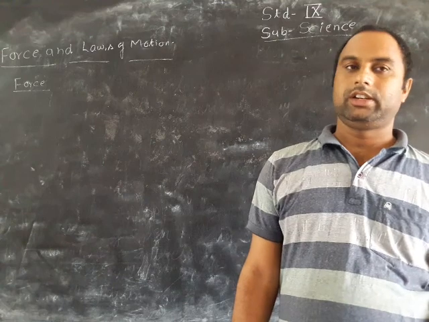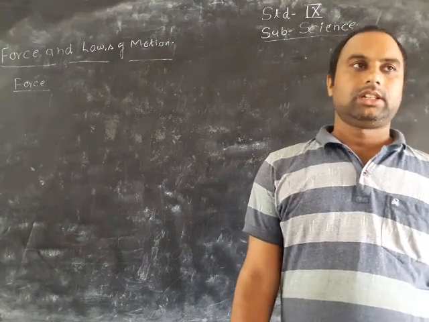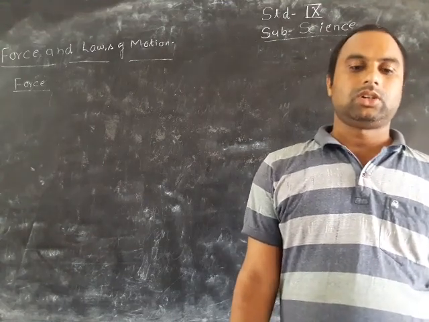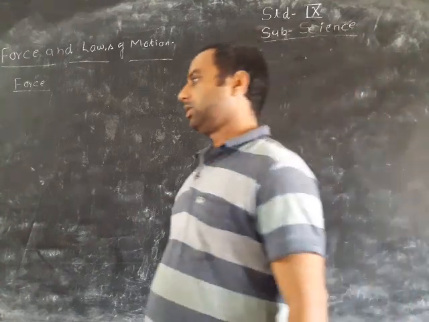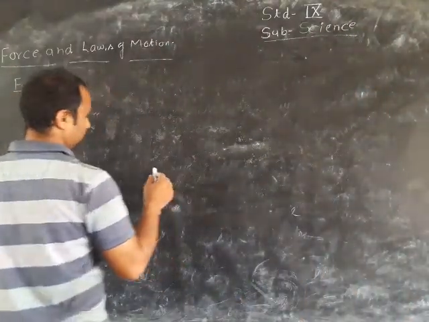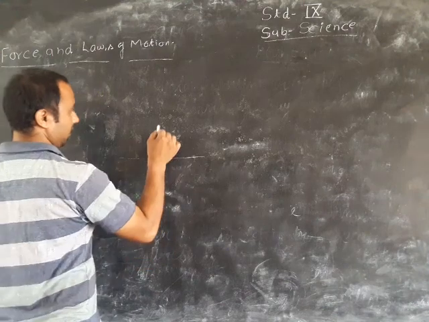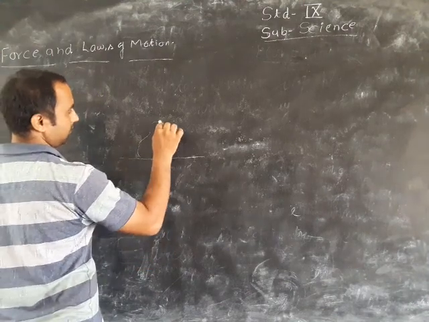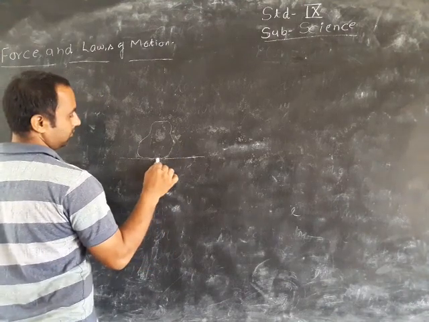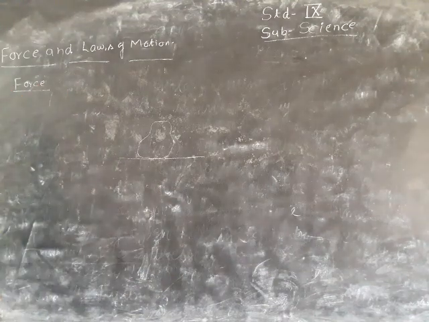It means we have an object that is placed on a simple ground. Suppose this is a simple object placed on the ground.